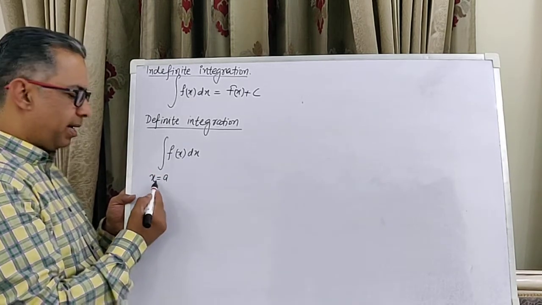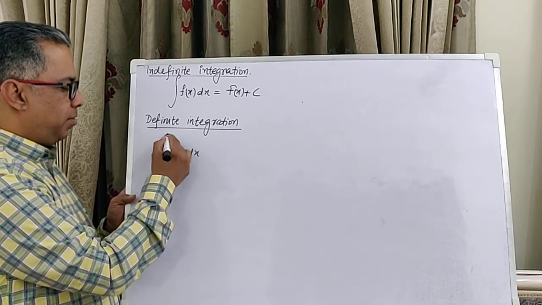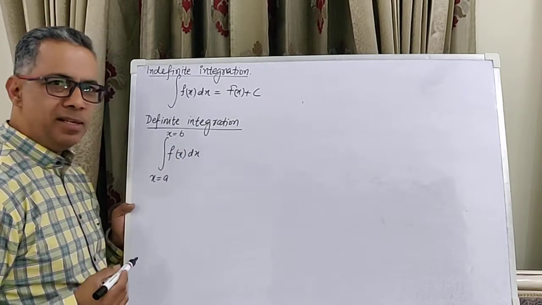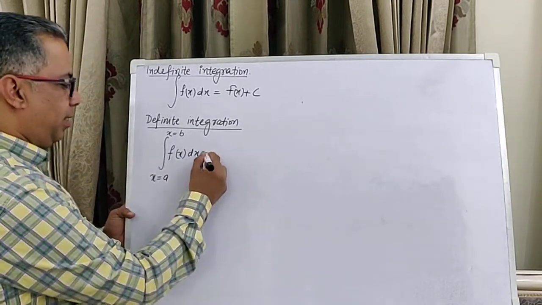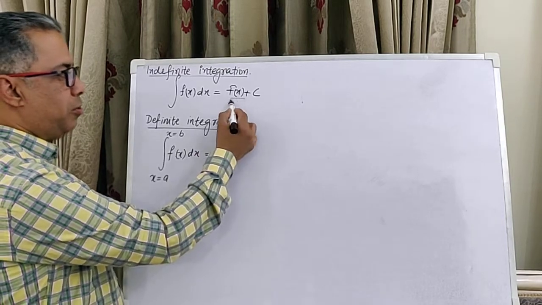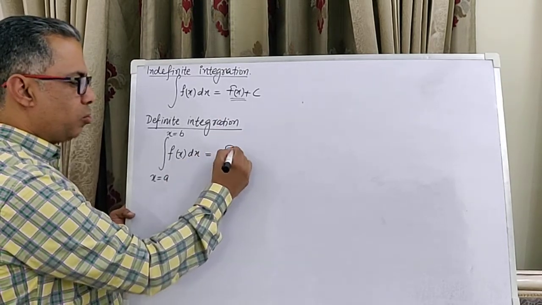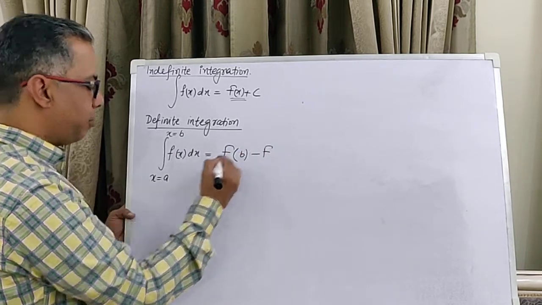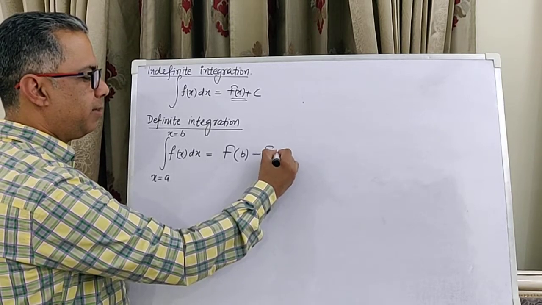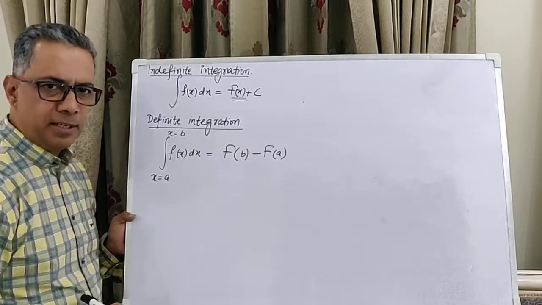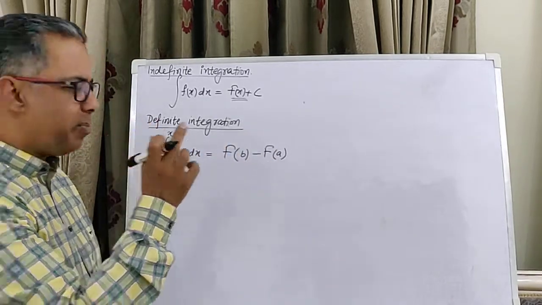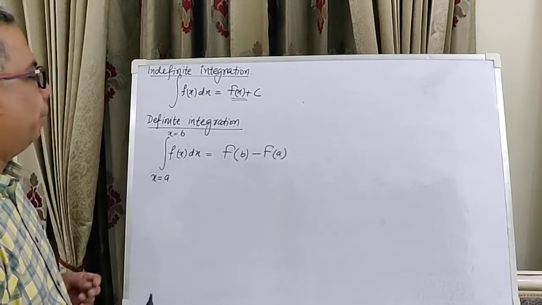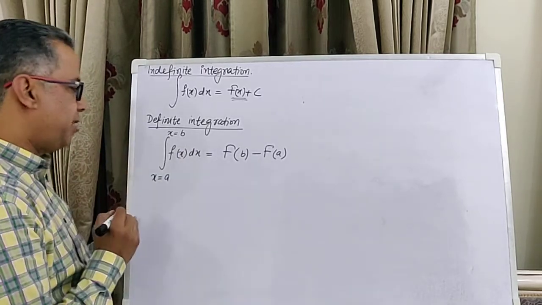Now in the Sehwag example, a is 25 balls, to x equal to b, and in the Sehwag example b is 50, and this equals, now this was the score, remember, so this equals the score after 50 balls minus the score after 25 balls, and there is no constant here. We know this precisely, exactly how many runs he made from the 25th ball up to the 50th ball. So this is definite integration.